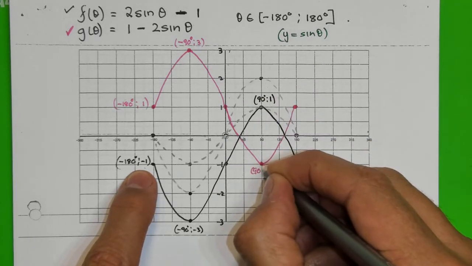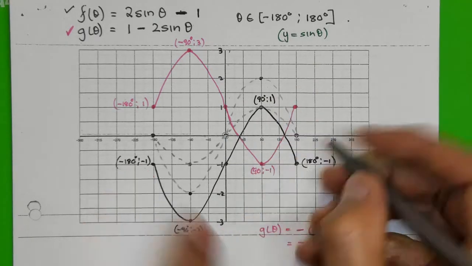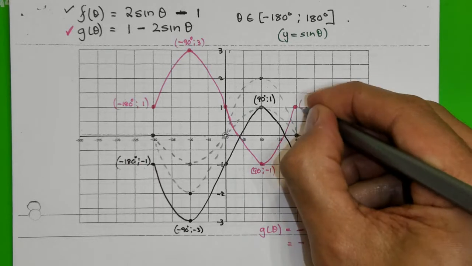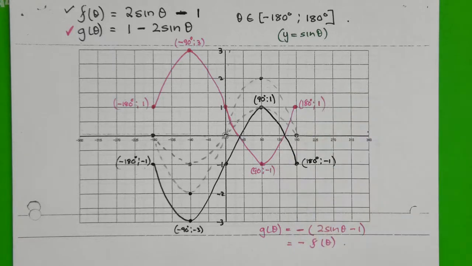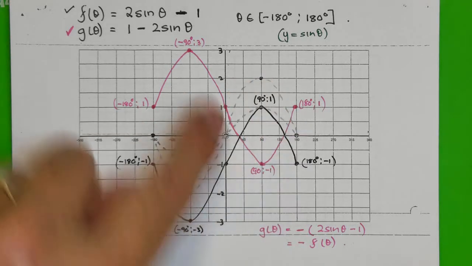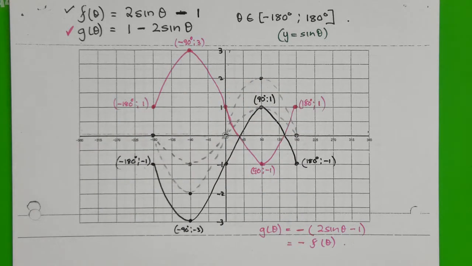Here I have 90 and it's now reflected to the negative, and this negative point has reflected to 180 still in the x direction and 1 in the y direction. Okay, so folks, be careful how you affect the change. Now I can take an eraser and take my dotted graphs away if I want to. It just depends on what you want to do with that.